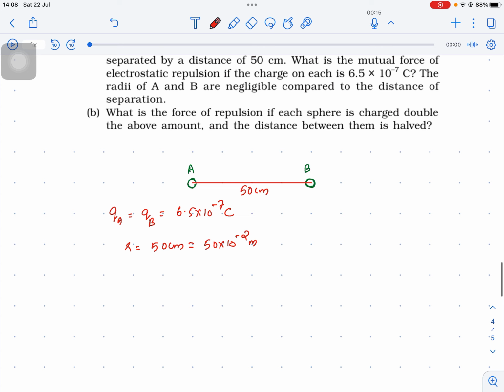So from this you can apply Coulomb's law. F is equal to 1 by 4 pi epsilon 0 QA into QB by R square. You know the value of 1 by 4 pi epsilon 0, which is equivalent to 9 into 10 to the power 9. So in SI unit it is 9 into 10 to the power 9. The value of QA is 6.5 into 10 to the power minus 7.